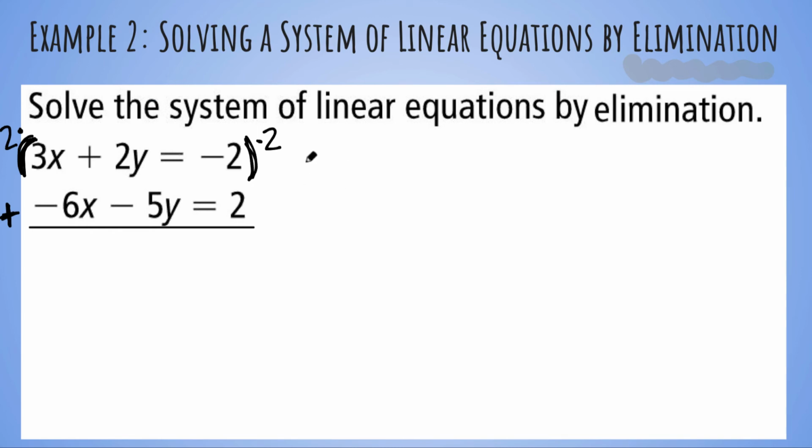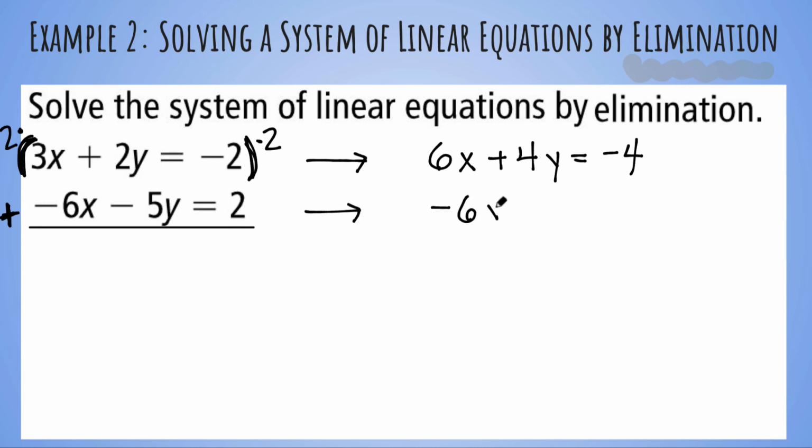For the first step over here, I'm going to rewrite this equation as I distribute 2 to the entire equation. When I distribute 2, I have 6x plus 4y equals negative 4. The second equation, I'm just going to copy exactly as it is: negative 6x minus 5y equals 2.